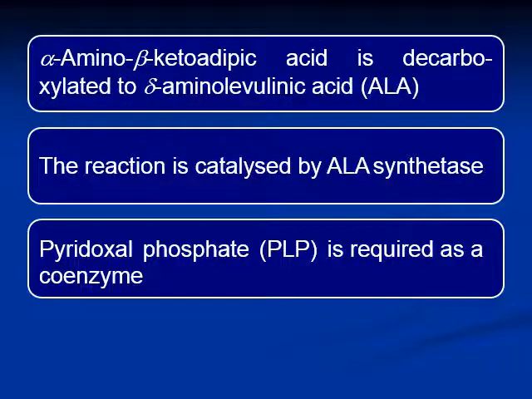Once we get alpha-amino beta-keto adipic acid, this structure will go through decarboxylation to form delta-aminolevulinic acid. These reactions are also catalyzed by ALA synthase, and for this reaction a coenzyme is required, pyridoxal phosphate, PLP. You have learned before from previous lectures what PLP is.